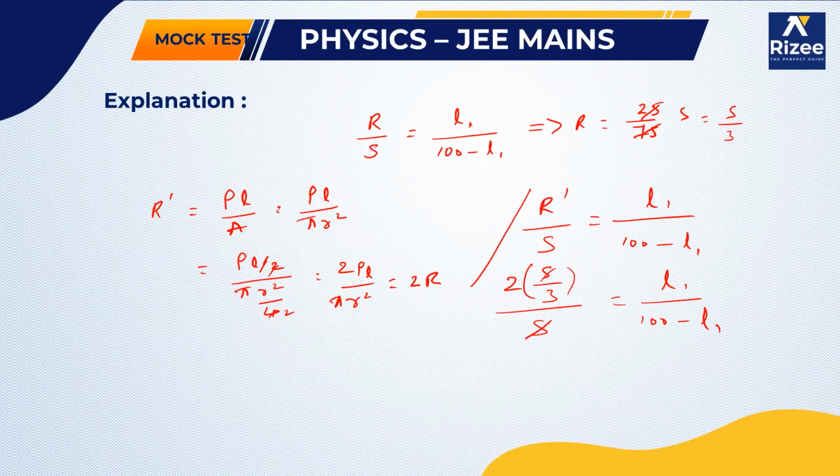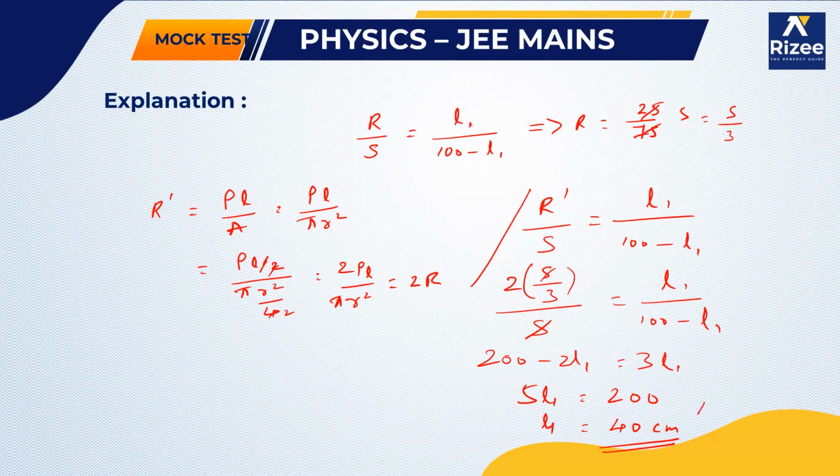S goes off here. Cross multiplying, that is 200 minus 2L1 is equal to 3L1, which is 5 times L1 is equal to 200. So L1 is equal to 40 centimeters. That will be your answer, or you can write it as 40.00 like this.